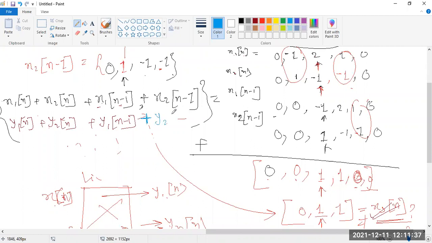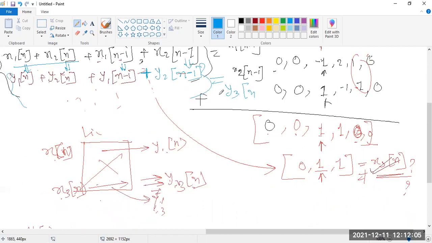And y2 of n minus 1 is its corresponding output. So if I add these terms, y1, y2, y1 of n minus 1, y2 of n minus 1, and get this y3 of n, then it is okay.